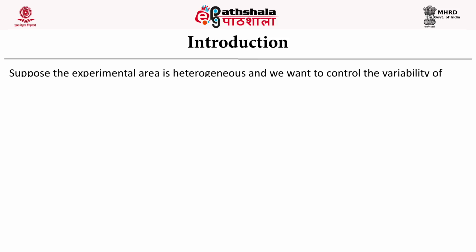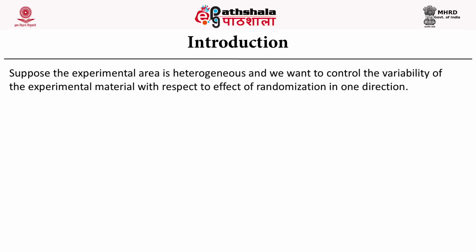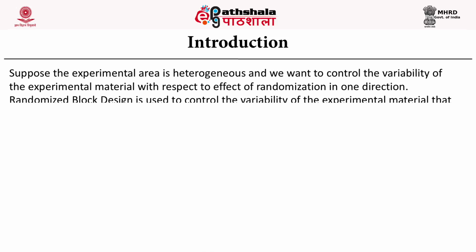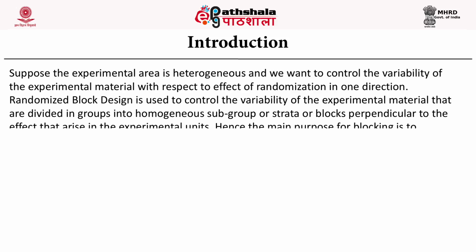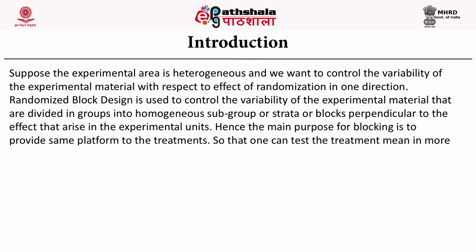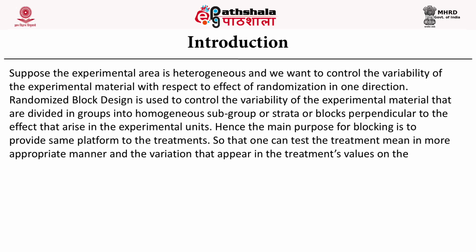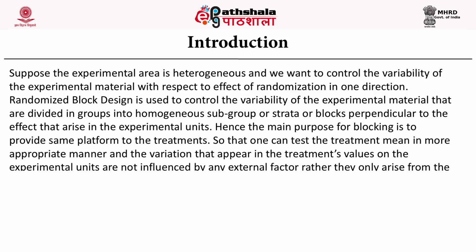Suppose the experimental area is heterogeneous and we want to control the variability of the experimental material with respect to the effect of randomization in one direction. Randomized block design is used to control the variability of the experimental material. Data is divided into homogeneous subgroups or strata, or blocks, perpendicular to the effect that arises in the experimental units.